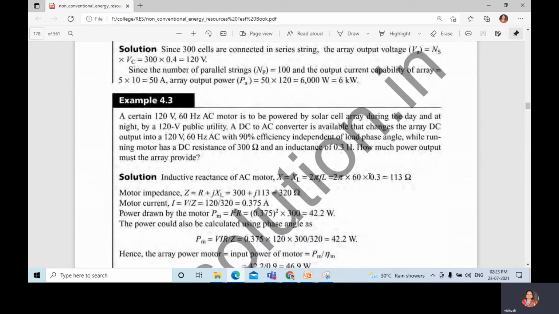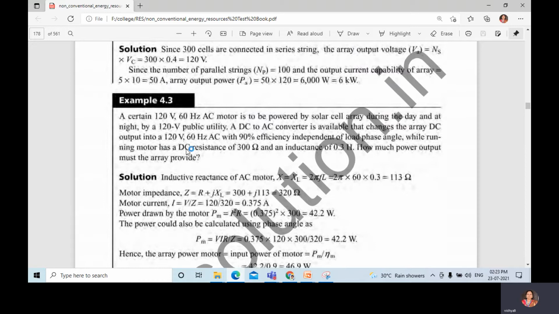Next, a certain 120 voltage 60 hertz AC motor is to be powered by a solar cell array during the day and at night by a 120 voltage public utility. A DC to AC converter is available that changes the array DC output into 120 voltage, 60 Hz AC with 90% efficiency independent of load phase angle.